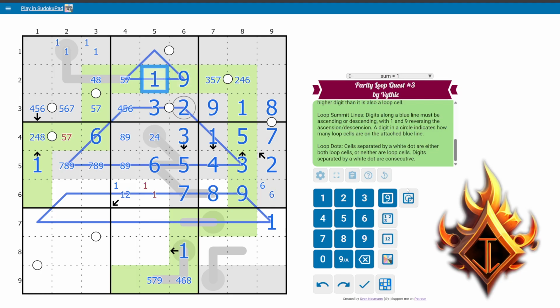Now this has to be 1, and now this has to be at least 5, so 7 or 8. And now this would be 6 or 8, which is even. 1, 2, 3. Oh, that's even because it turns anyway. But that is also 1. Oh, that is broke.